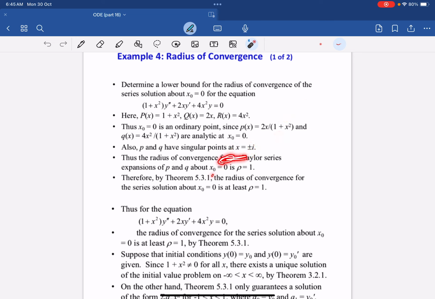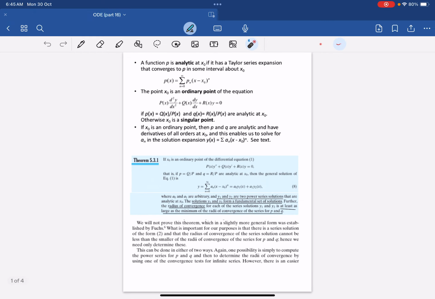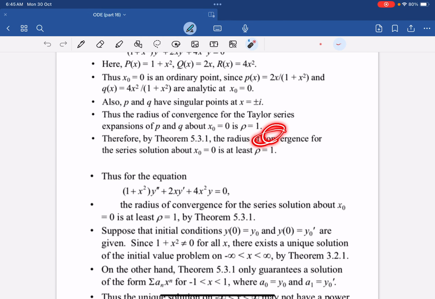So the radius of convergence for both p and q is 1. Thus, by the theorem earlier, the radius of convergence for the series solution is at least 1.